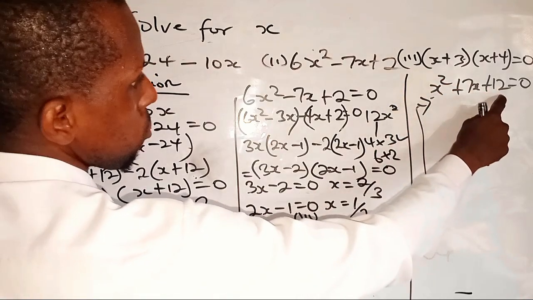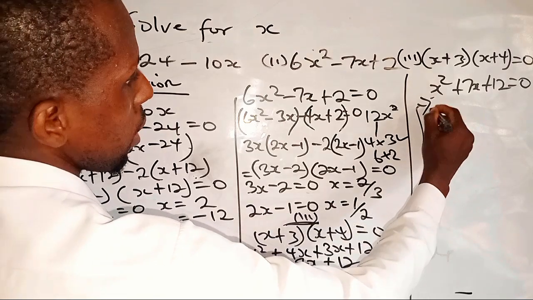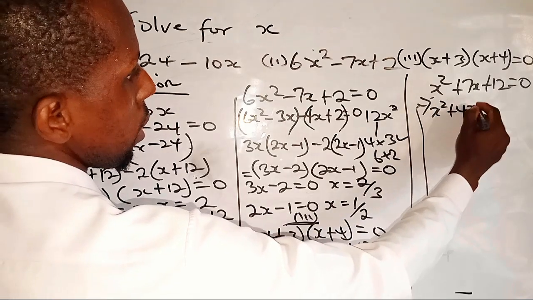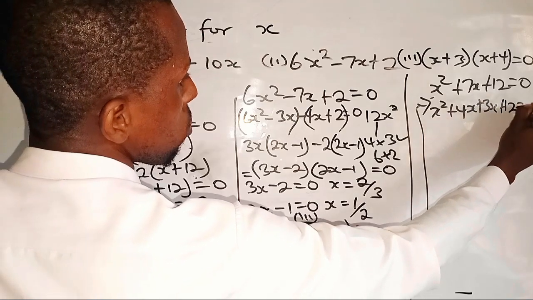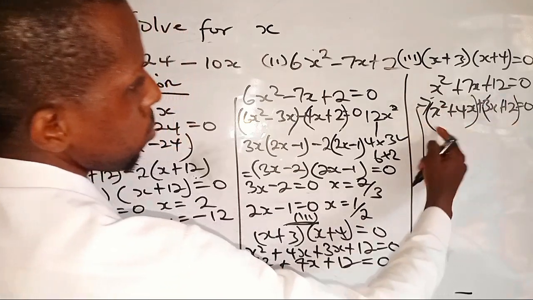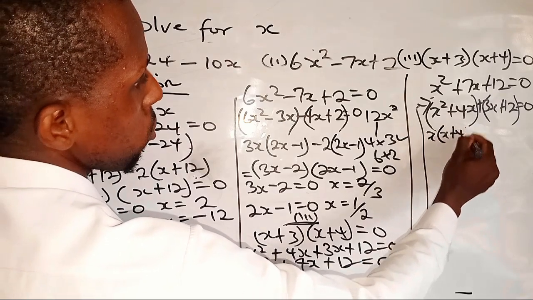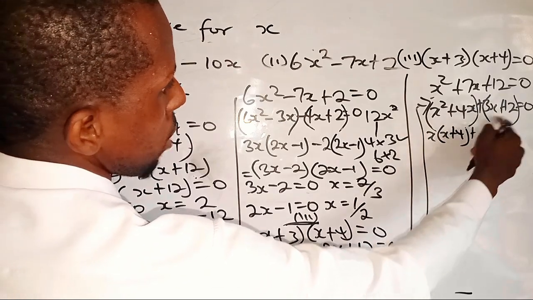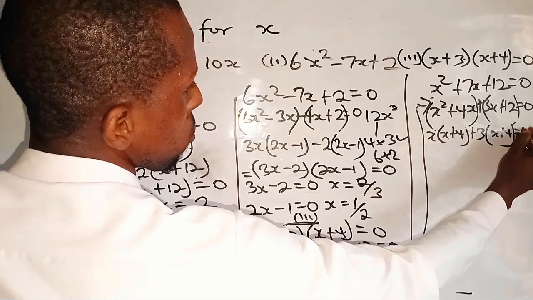For 12, I can use 4 and 3. So I have x squared plus 4x plus 3x plus 12 equals 0. I group it and look for the common factor, which is x in this case. So x into x plus 4, and 3 is common, so 3 into x plus 4 equals 0.